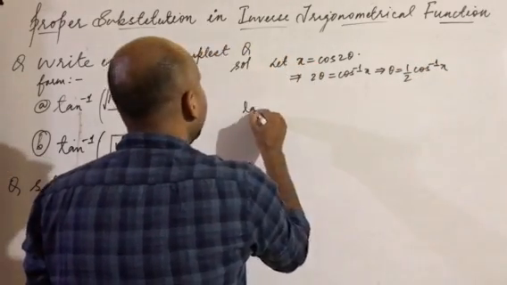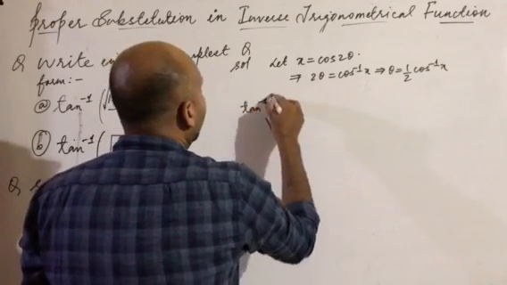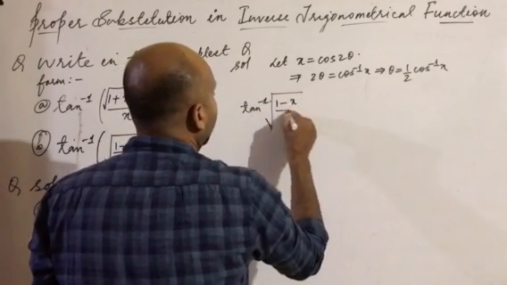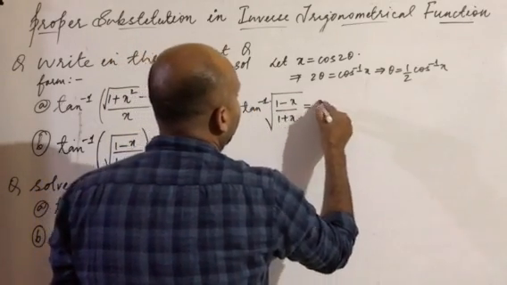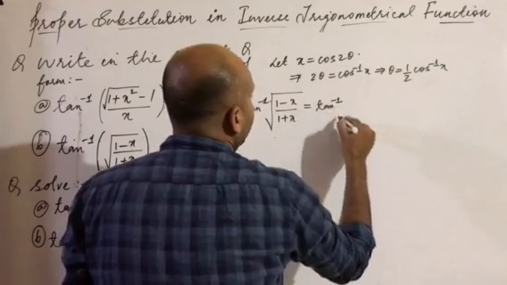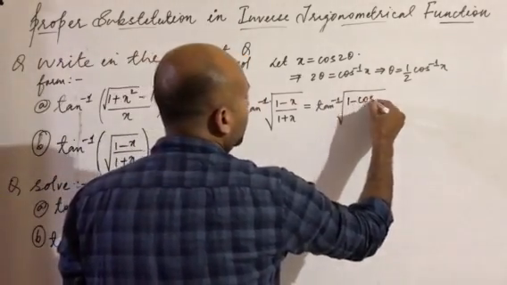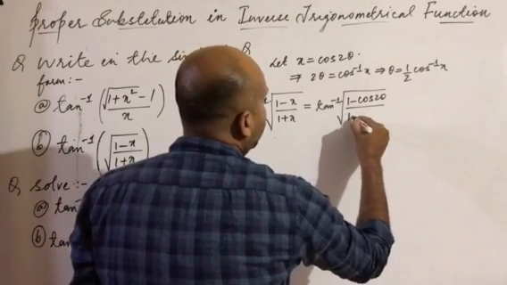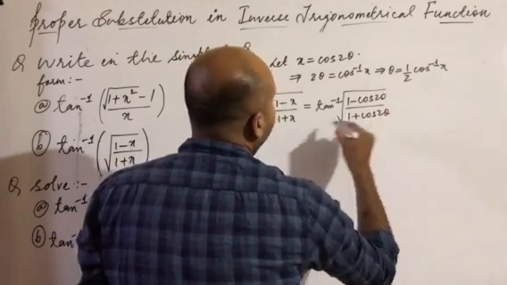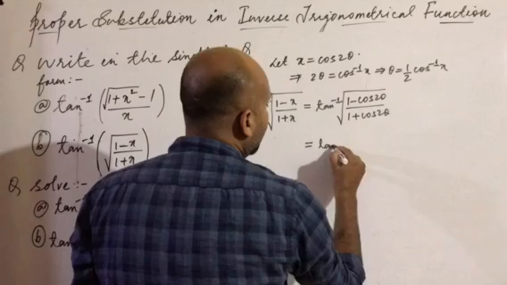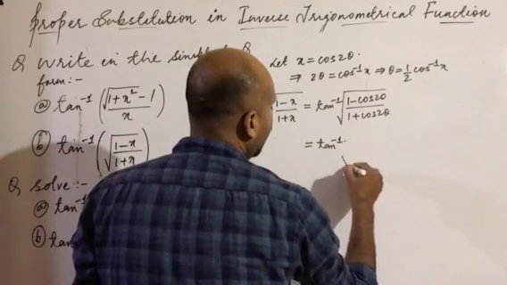Now, we have to start with tan inverse of whole root under of 1 minus x divided by 1 plus x. So this can be written as tan inverse of root under of 1 minus cos 2 theta divided by 1 plus cos 2 theta.